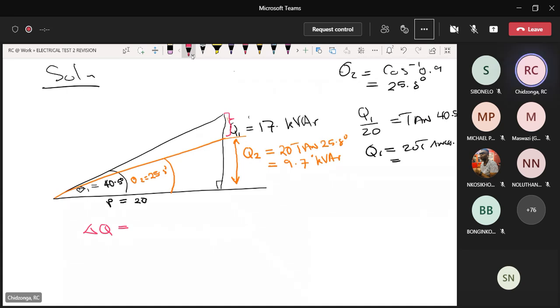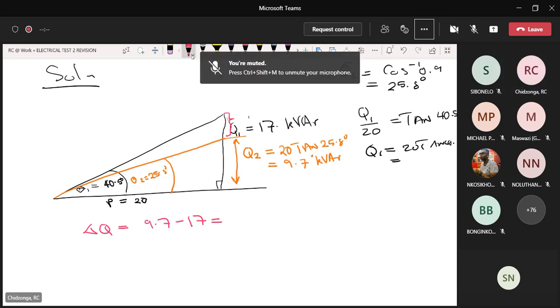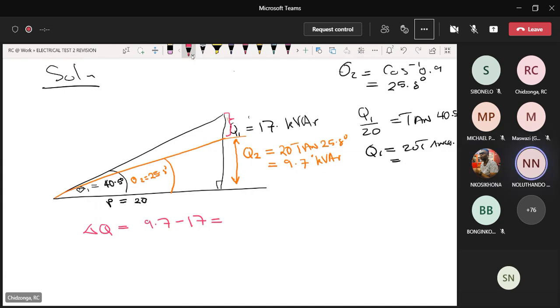Initially, it was 17. Now it's 9.7. So you must have added 9.7 minus 17, which is minus 7.3 kilovolt ampere reactive.